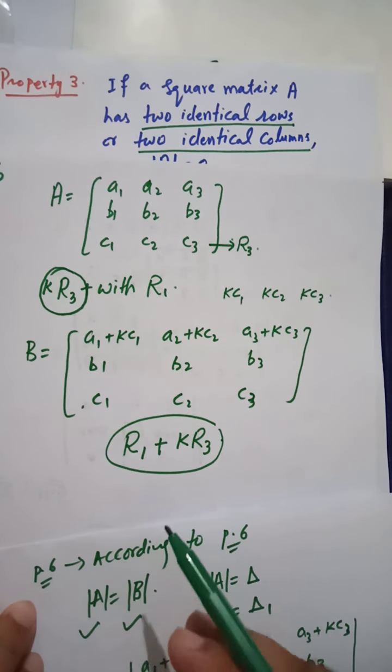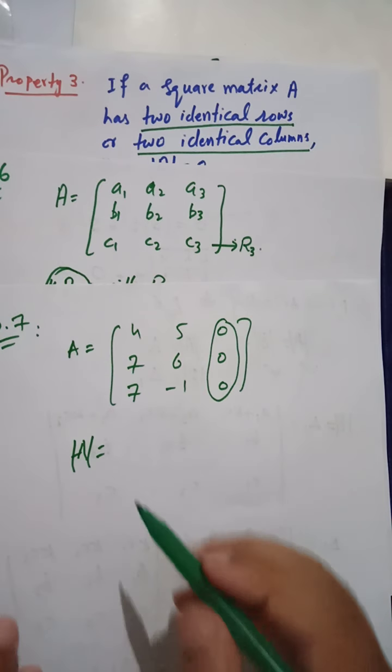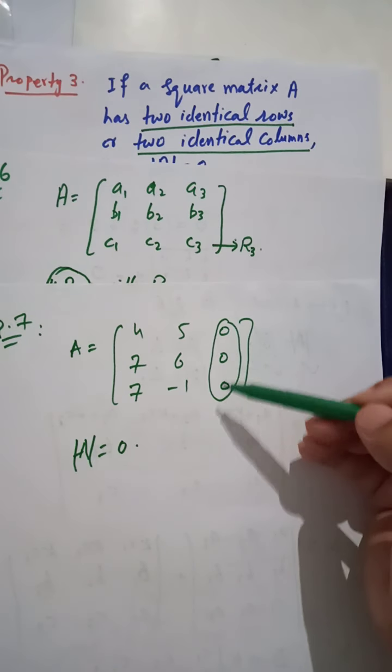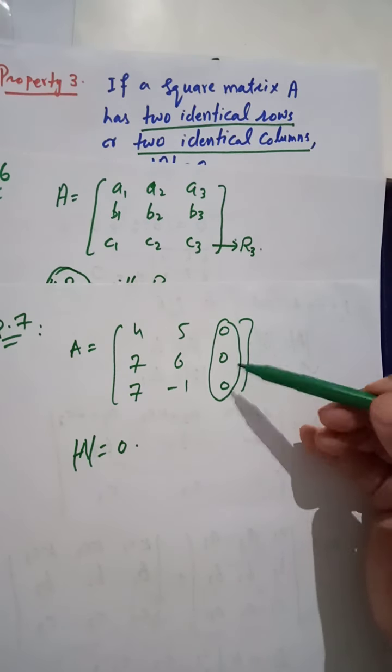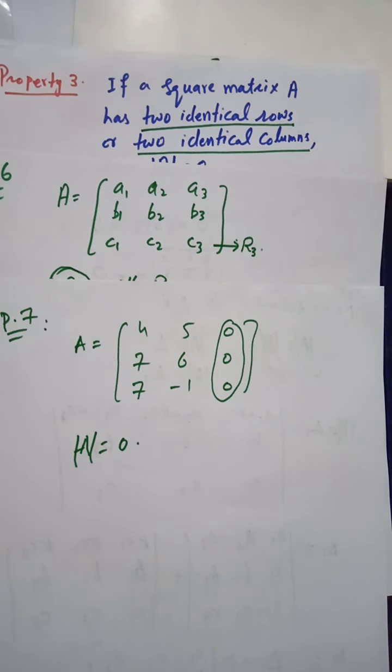So whenever every element in a row or a column of a square matrix is 0, then the determinant must be 0. If all the elements of one of the rows or columns are 0, the determinant of that matrix must be 0. So this is property number 7.